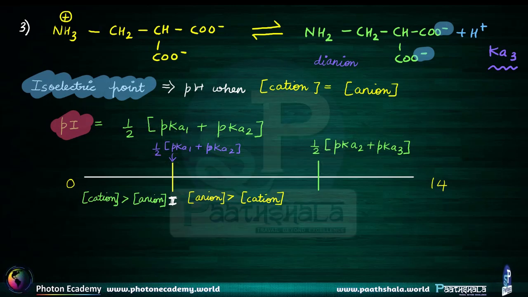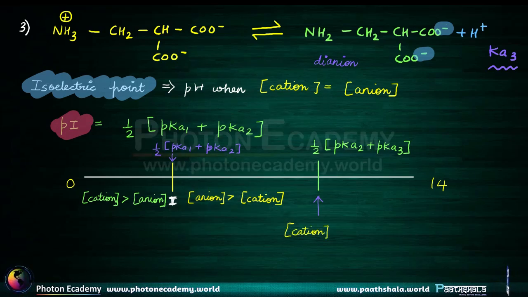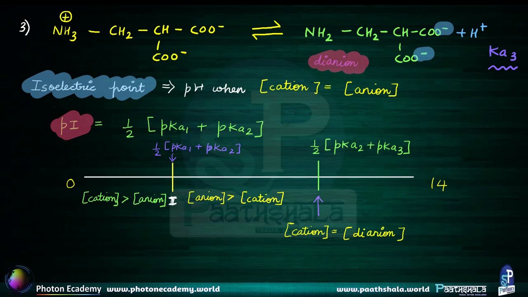Over here, the cation concentration is equal to the concentration of dianion, as we have seen that in pKa3, the third dissociation constant, there is a formation of a dianion. So here cation will be equal to the dianion.